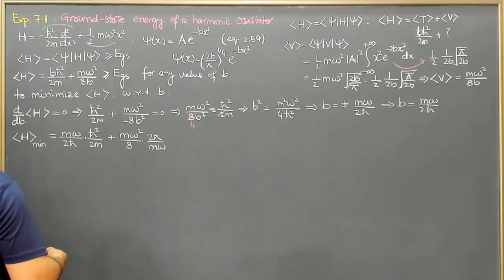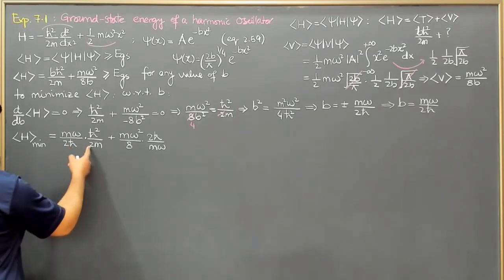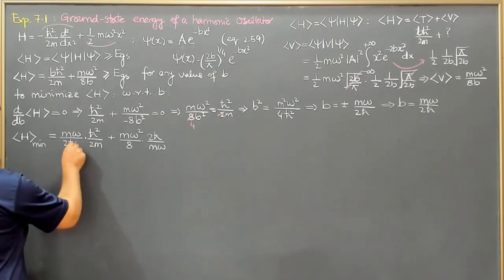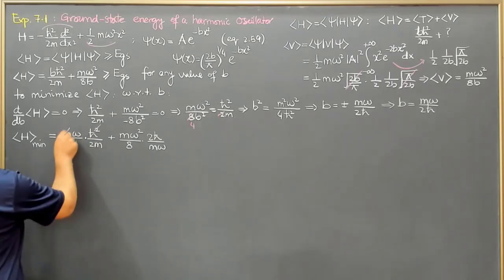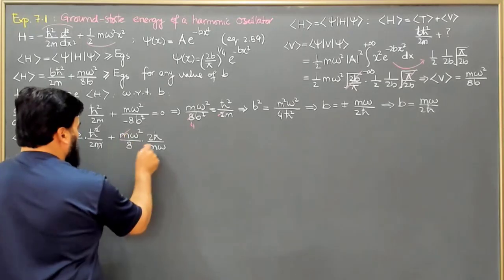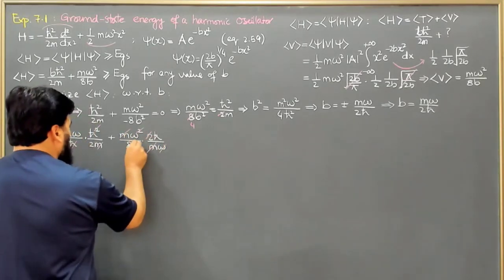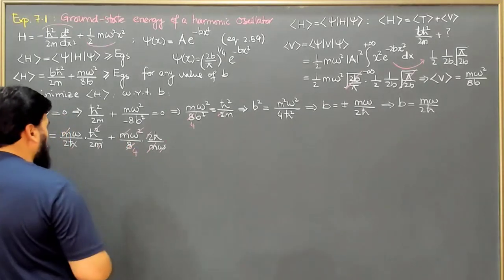There is some simplification: 2 will become 4, ħ is gone with this one, m is gone with this, and here m is gone with this, ω gone with this, and 2 gone with this, making it 4.